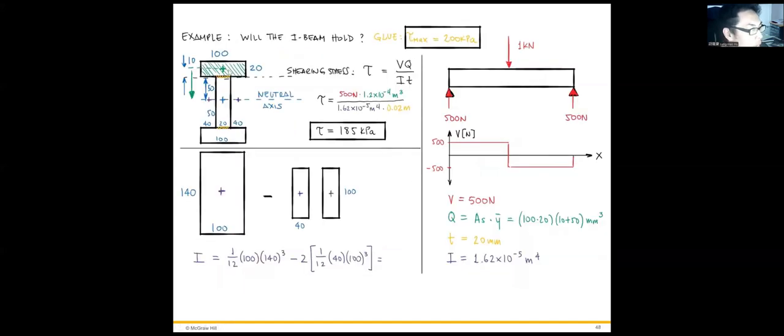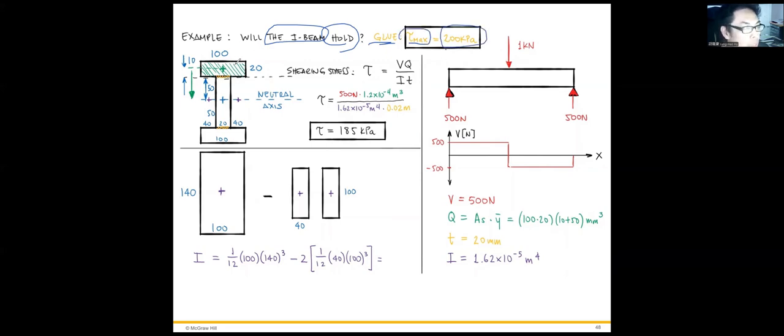Okay, so let's have this example here. Suppose we have this I-beam, and we ask whether it can hold or not with a glue whose maximum shear stress is 200 kPa. What does that mean?